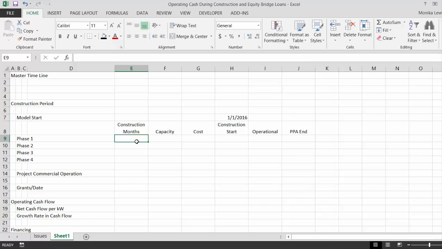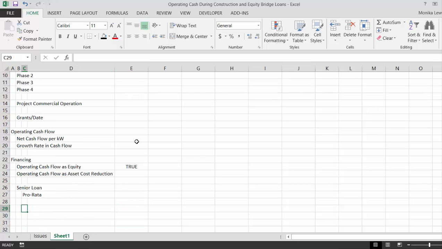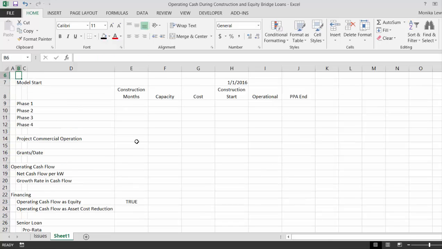We're going to make an extreme scenario where we're going to put in hopefully a senior loan and sometimes an equity bridge loan. And let's see just how extreme we'll try to get.